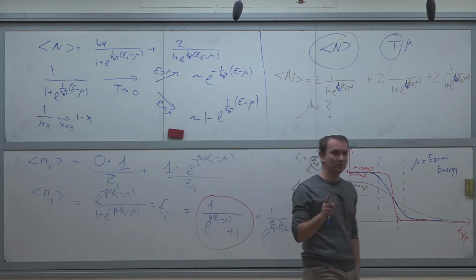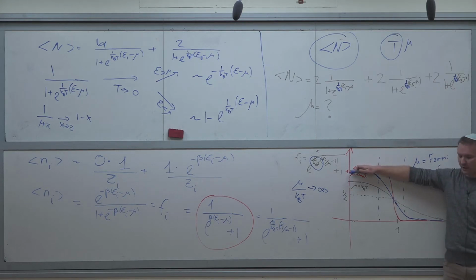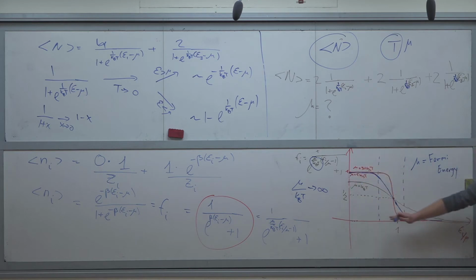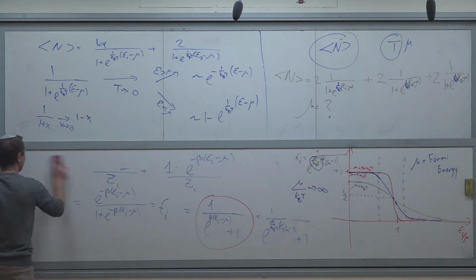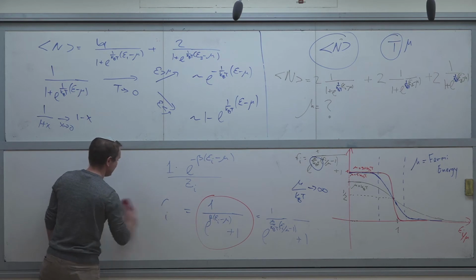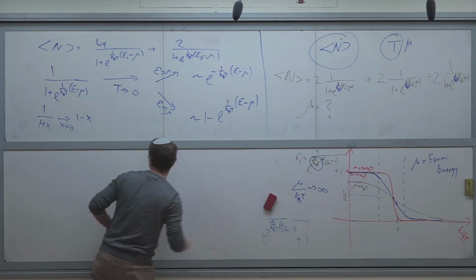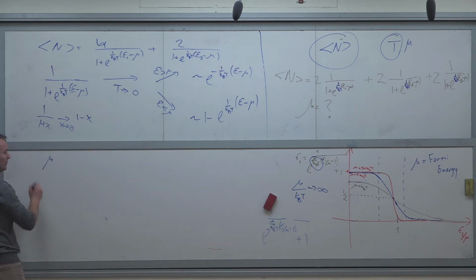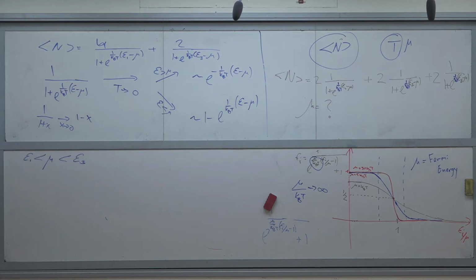Now, mu, this Fermi energy, according to this plot lies somewhere in between where the state is definitely occupied and where the state is definitely unoccupied. So we expect that in this limit of small temperatures, mu is larger than epsilon 1 and smaller than epsilon 3. This is our assumption.